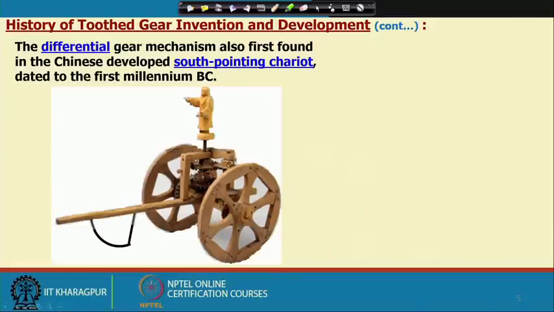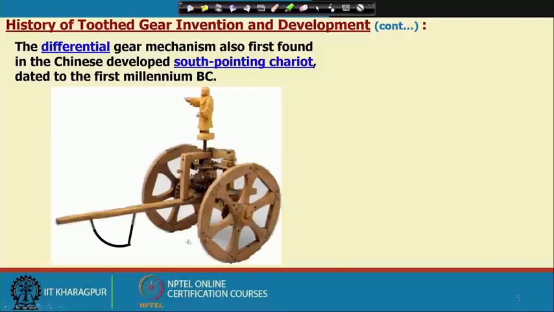Now, as you see in this figure, a man is pointing his hand and he is standing on a chariot. Now, if this is set pointing south, and then if these wheels are rotated or dragged, pulled in some direction, this finger will always point to the south, and it became possible with a gear arrangement here, which is the first differential gearing arrangement.